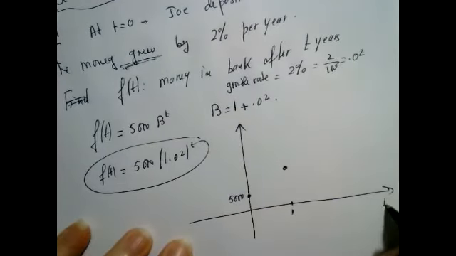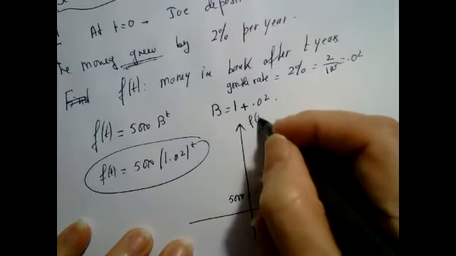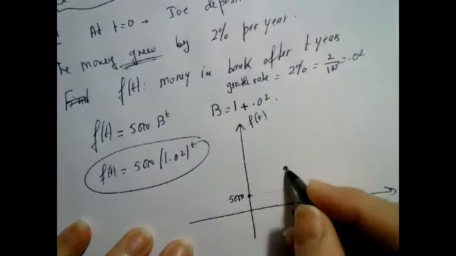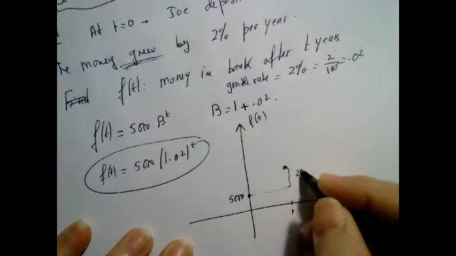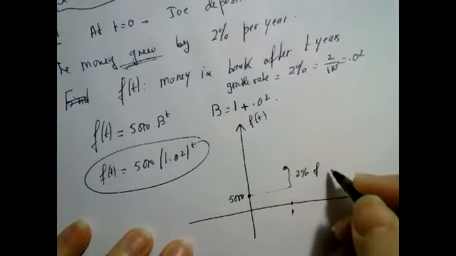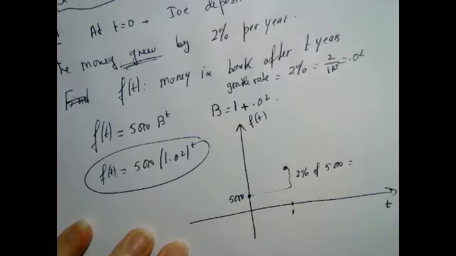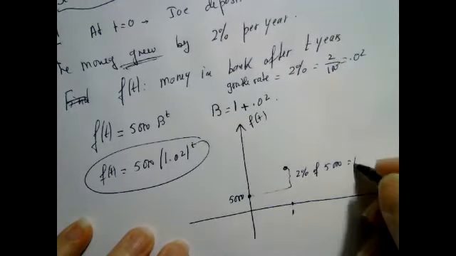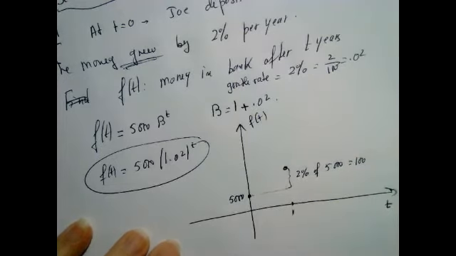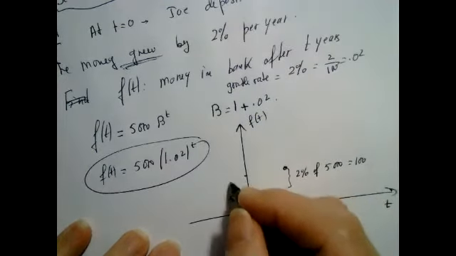So that's the time, and this is the money after 2 years. By how much did it grow? By 2% of the 5,000. So 2% of 5,000, we can pick up our calculator, is $100.